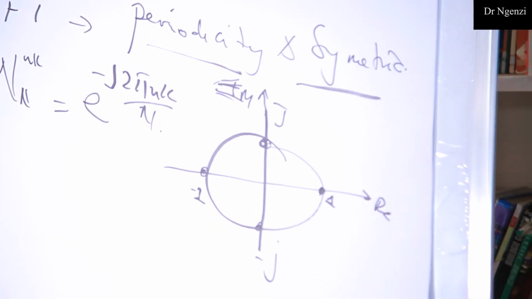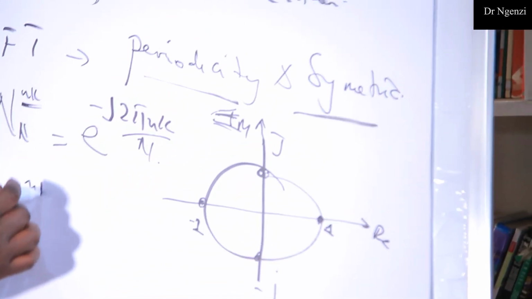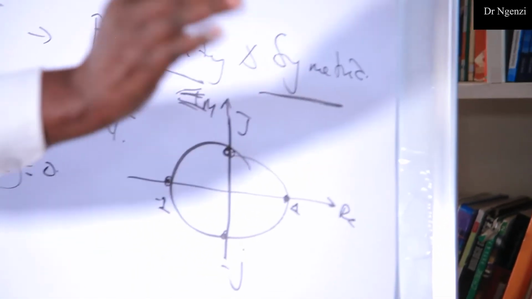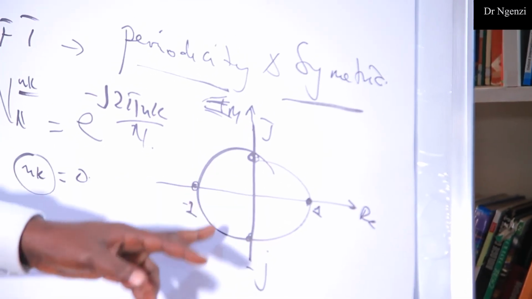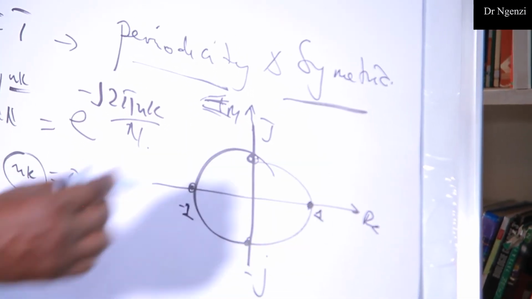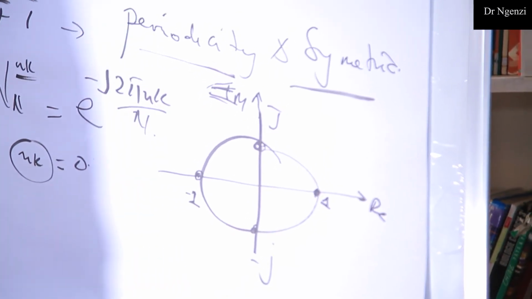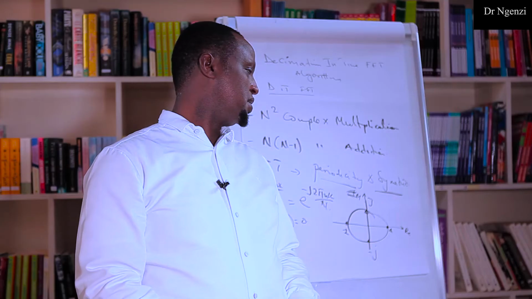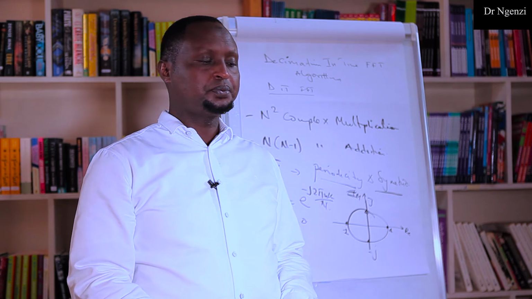So the number nk can be computed. It can be 0 point something on the other side, so you arrange them to any point here, be it on the imaginary axis or the real axis.